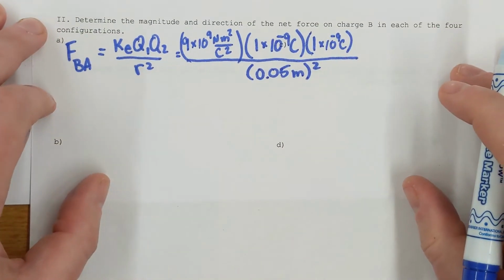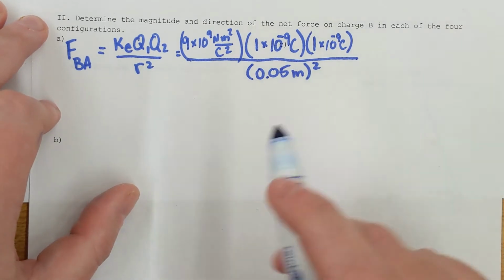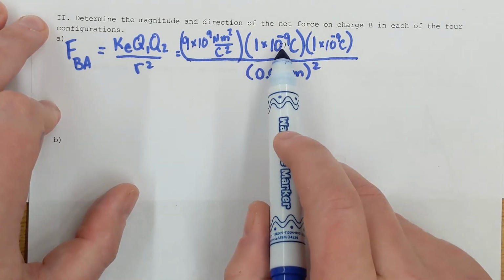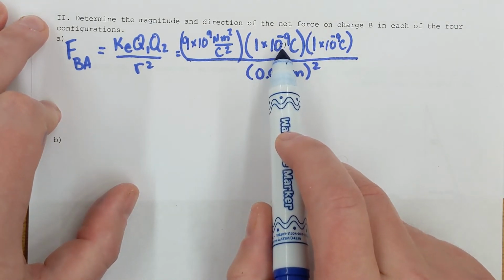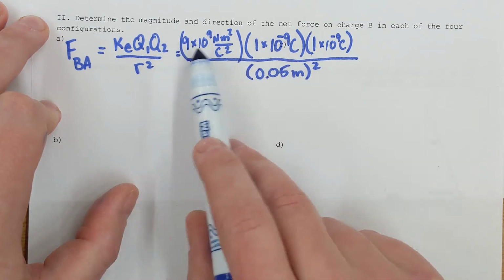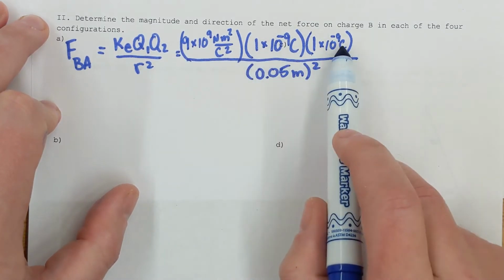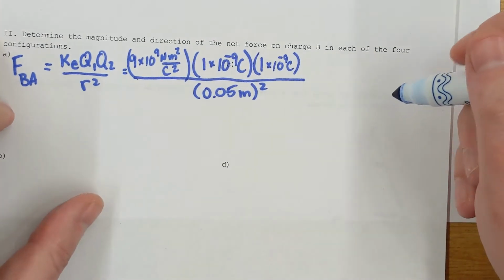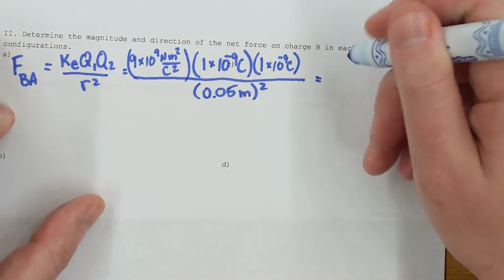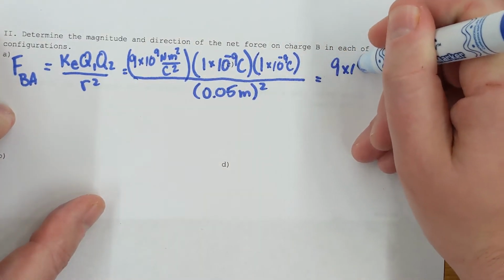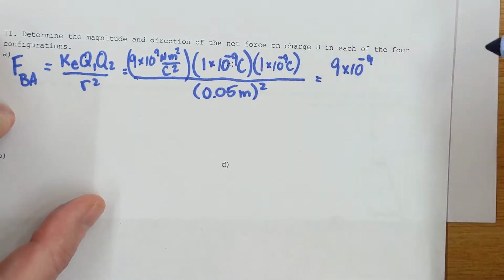Fortunately, these numbers will simplify pretty nicely. 10 to the 9 times 10 to the minus 9 is just 1, and 9 times 1 is 9, so our numerator looks like 9 times 10 to the minus 9.